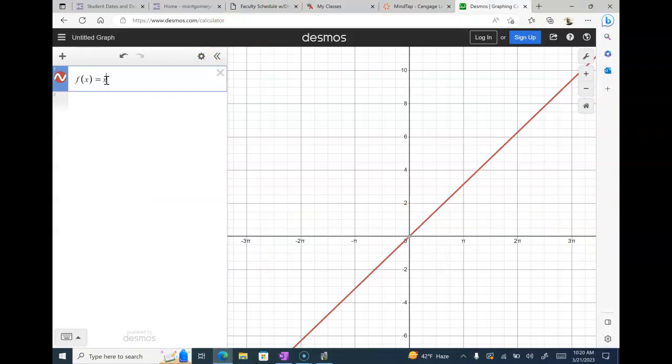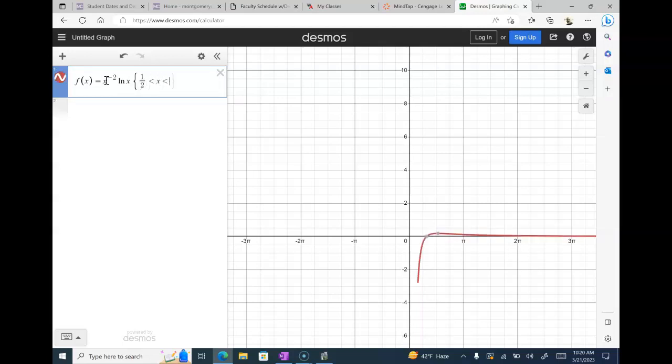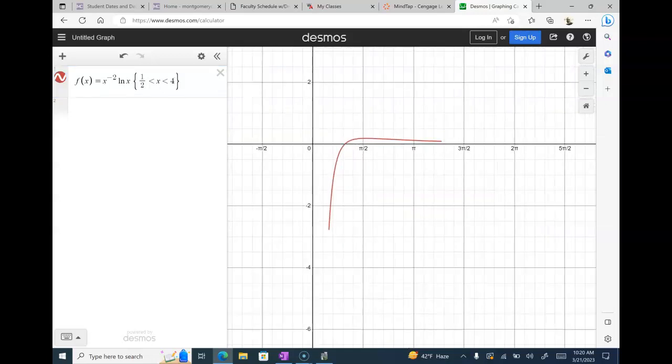So x to the minus 2 times the ln of x. And I'm restricting on 1/2 to 4. I don't want to be in the trig world.